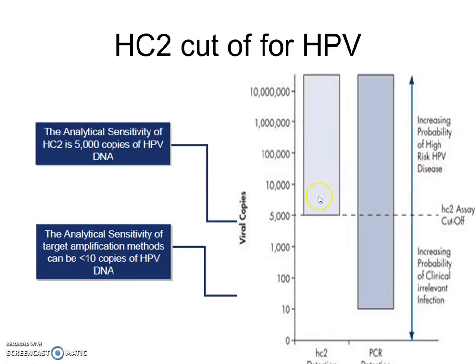So what they're saying is above 5,000 viral copies, it means it's a high risk of the HPV causing significant disease. If you've got less than 5,000 copies, which just happens to be their cutoff, it's probably a clinically irrelevant infection, but PCR would give a false positive there.